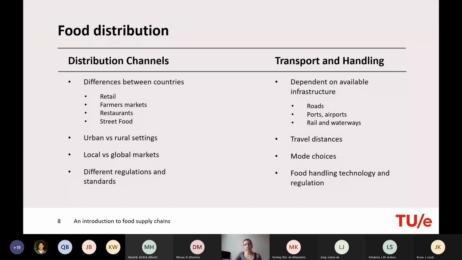Then another important thing to consider here is the travel distances and the type of transportation mode, because that may also impact CO2 emissions, cost, fuel, and so on.